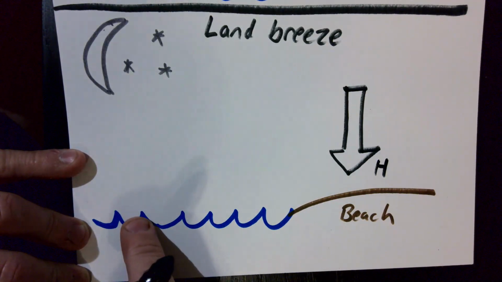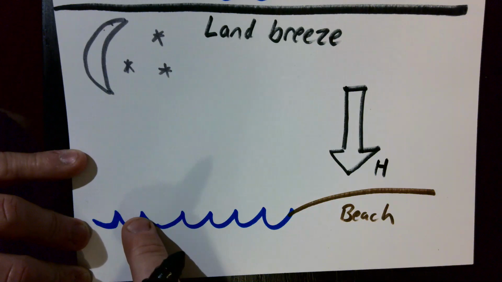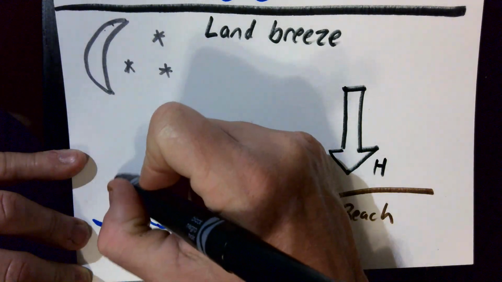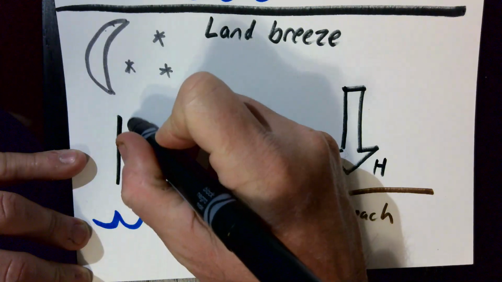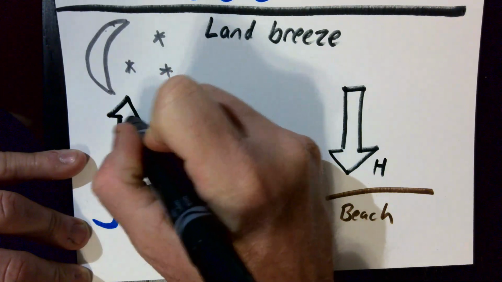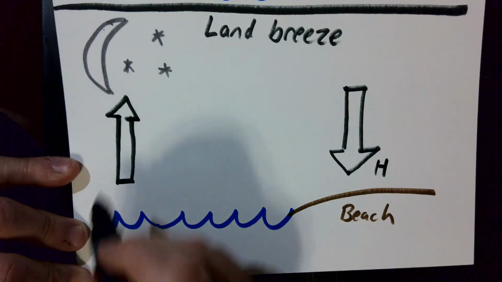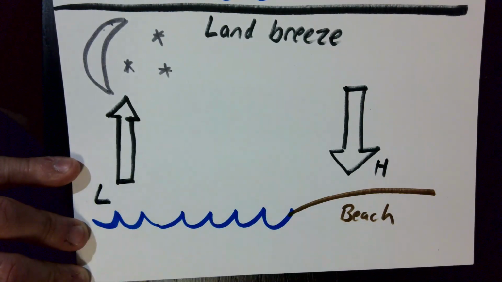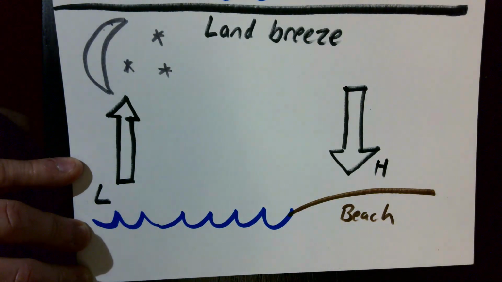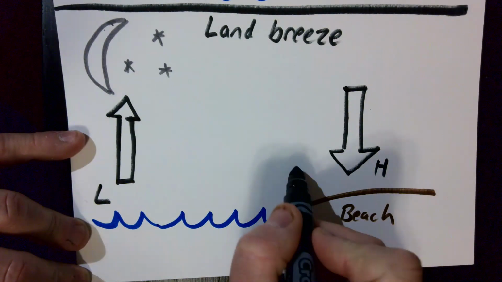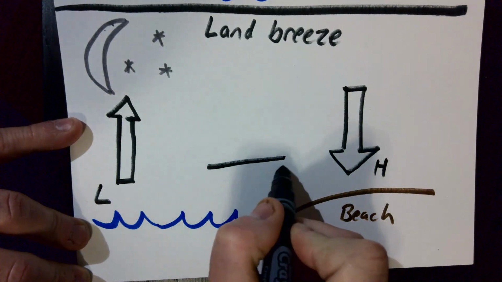Well, the water's still kind of warm, which means the water is going to evaporate a little bit more now, and it's actually going to be rising. Well, the rising air is going to cause us a little bit of area of lower pressure. And we know that wind always moves from high pressure to low pressure.